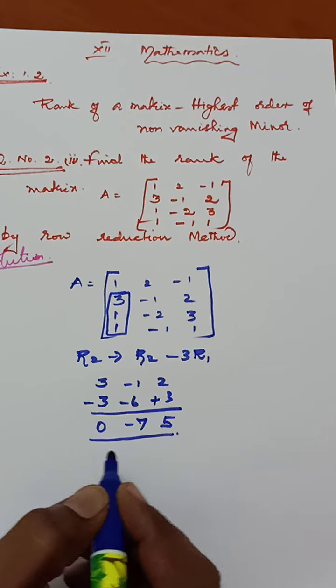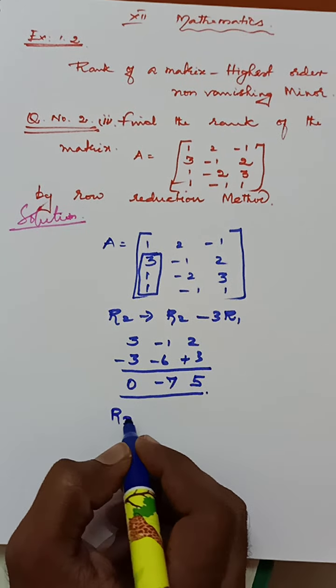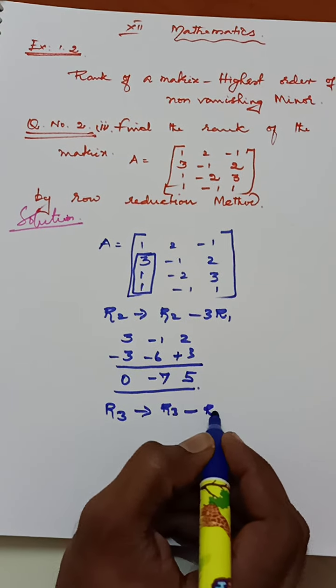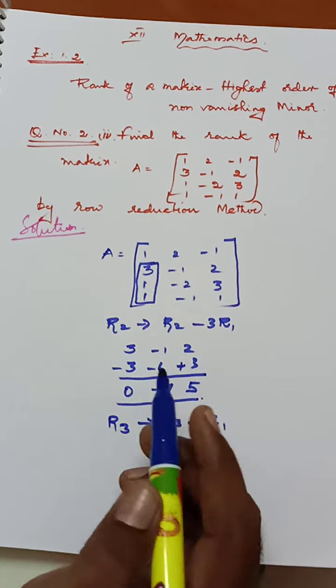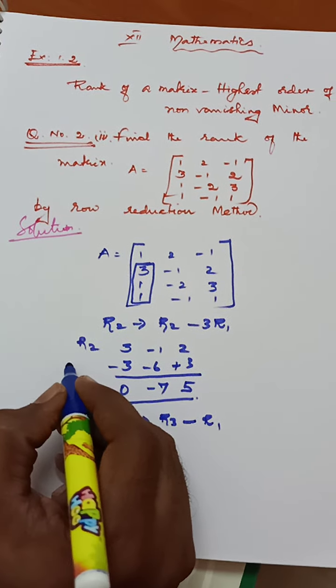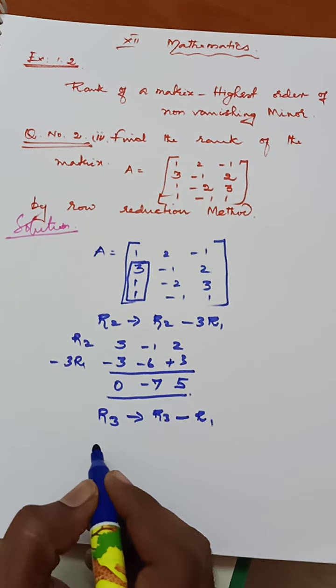So this is your new R2. And R3 tends to R3 minus R1, because here you have 1.